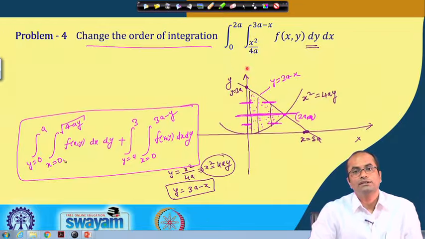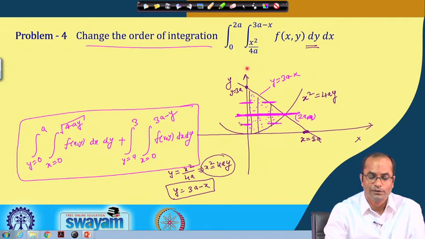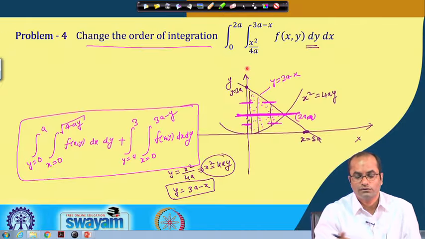We got these two integrals because we need to divide now the domain into two parts, because the line parallel to this x axis was not going from one curve to the other one.